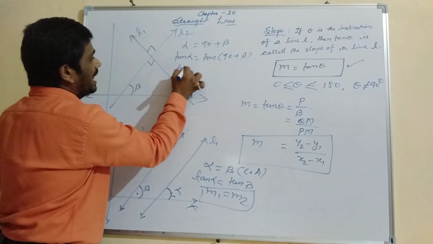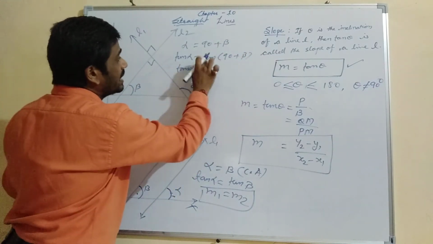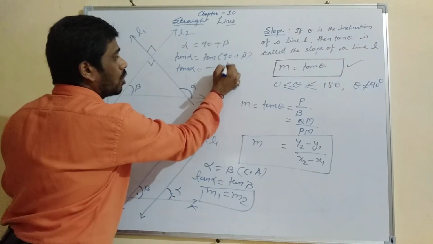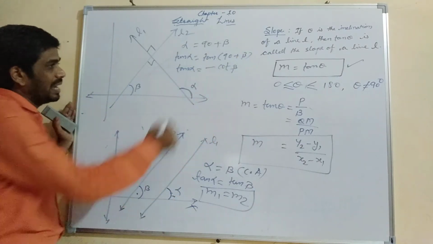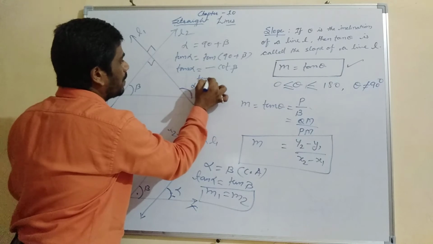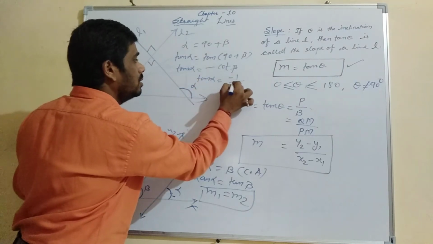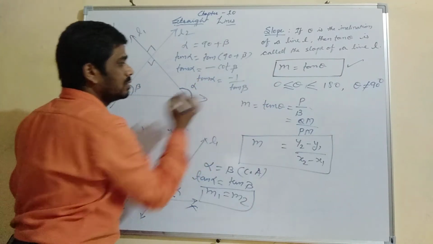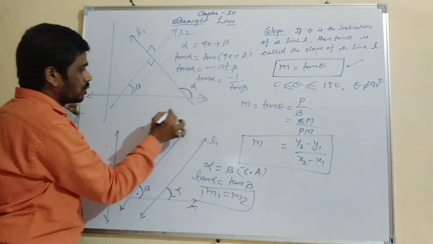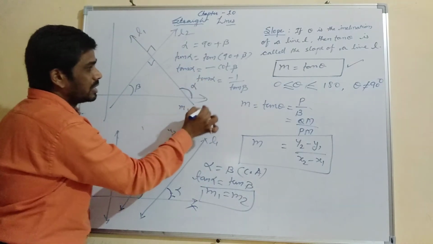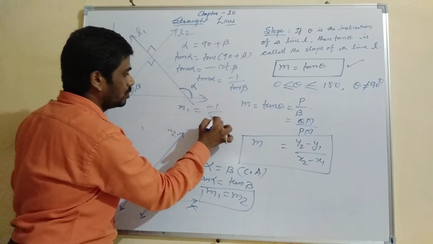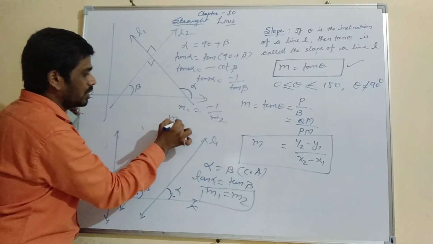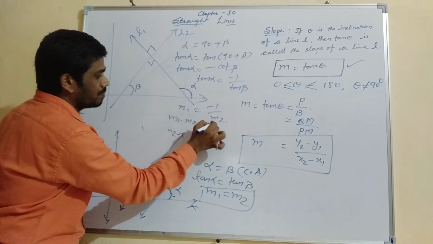Now you know that tan of 90 plus beta will be minus cot beta, and minus cot beta you can write as minus 1 upon tan beta, so tan alpha equals minus 1 upon tan beta. Tan alpha we have written as m1, tan beta as m2, which means m1 into m2 will be minus 1.